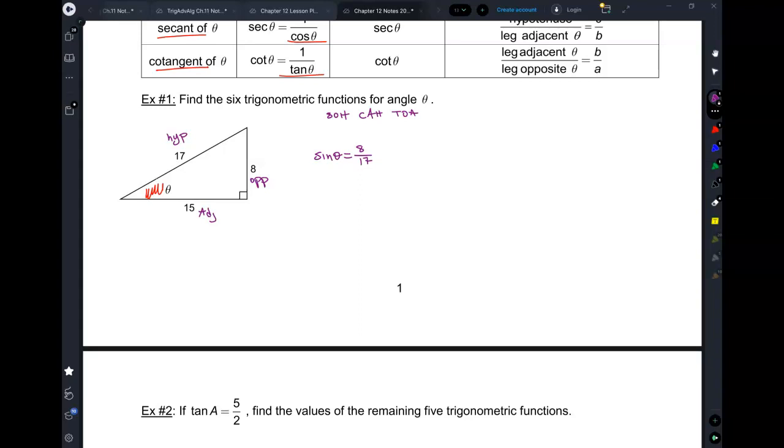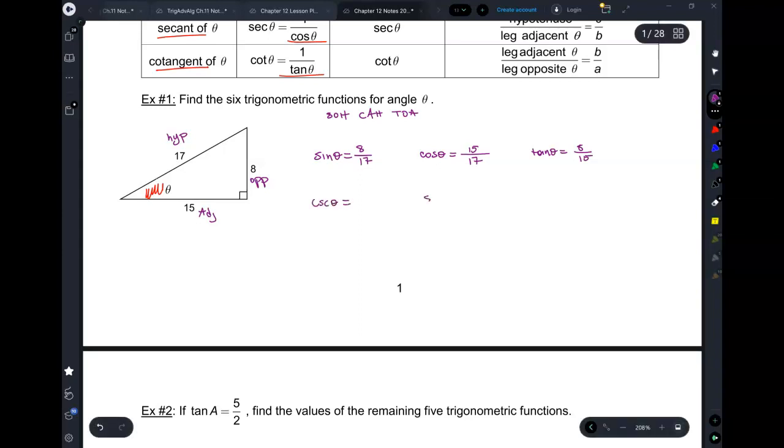Cosine of theta is adjacent over hypotenuse, 15 over 17. Tangent is opposite over adjacent, 8 over 15. Now, the reciprocals are cosecant of theta, secant of theta, cotangent of theta. There is minimal thinking here. You just take the reciprocals of the ones above.